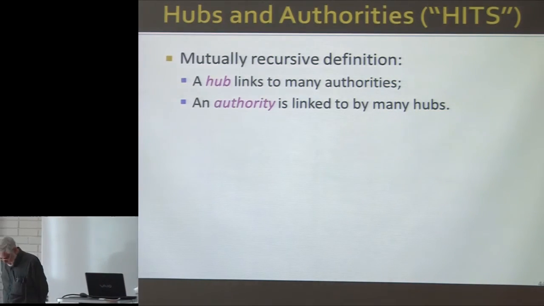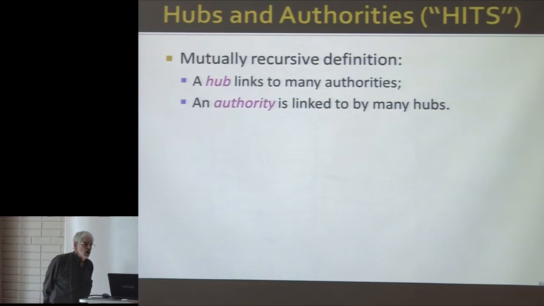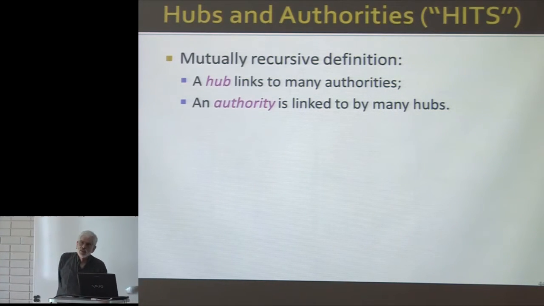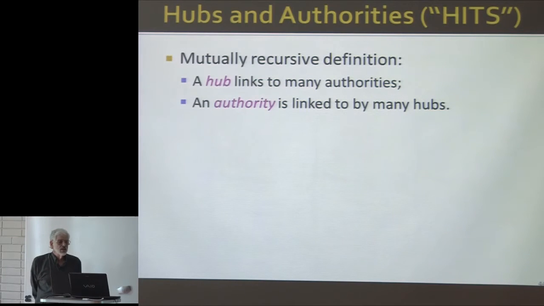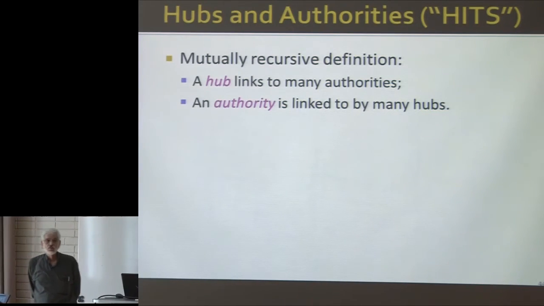John Kleinberg was a postdoc at IBM at the time that Brin and Page were developing Google and PageRank. And a couple of months after they came up with the PageRank idea, Kleinberg invented something which he called Hubs and Authorities.